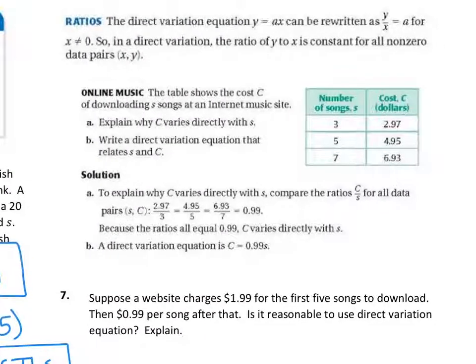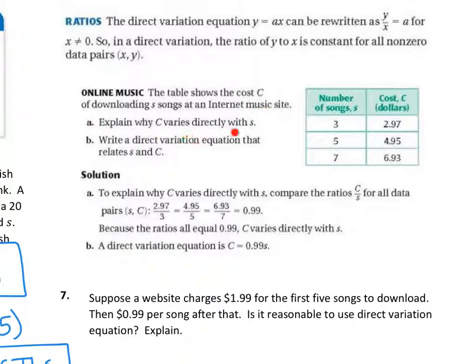Okay, ratios. Here it says the direct variation equation y equals ax can be written as y divided by x equals a for x not equal to 0. So in direct variation, the ratio of y to x is a constant for all non-zero data pairs x and y. Okay? So it says the table shows the cost C of downloading songs on an internet music site.